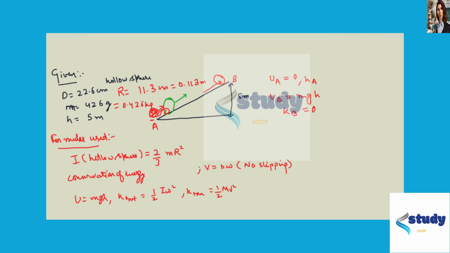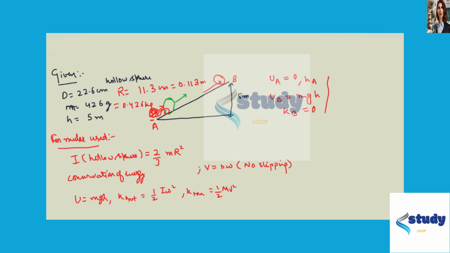It just stops and rests. The moment of inertia of the hollow sphere is 2/3 mr squared. We will use the conservation of energy.